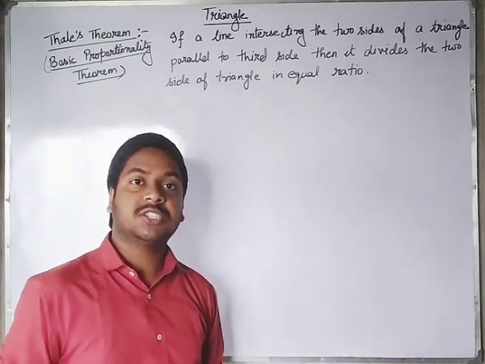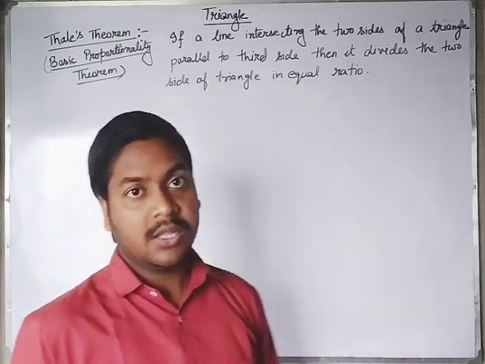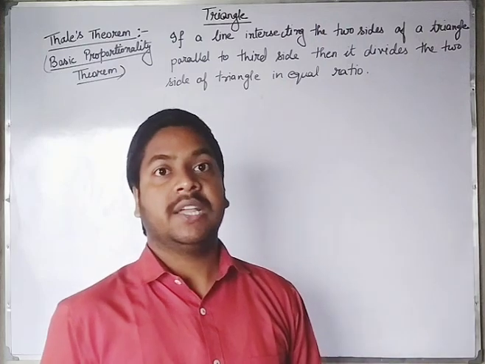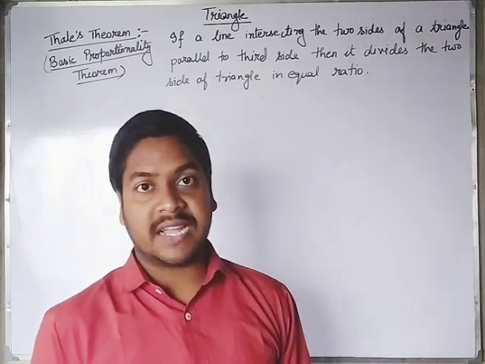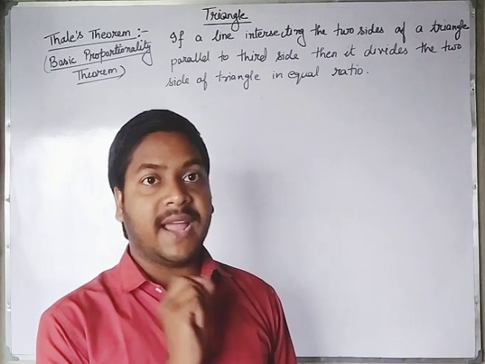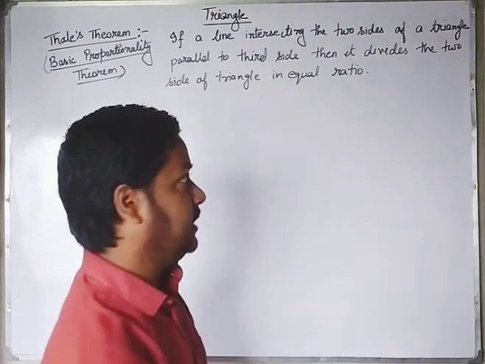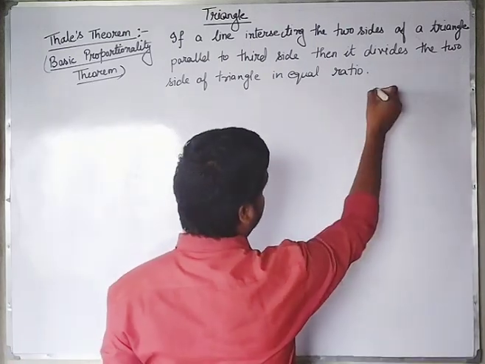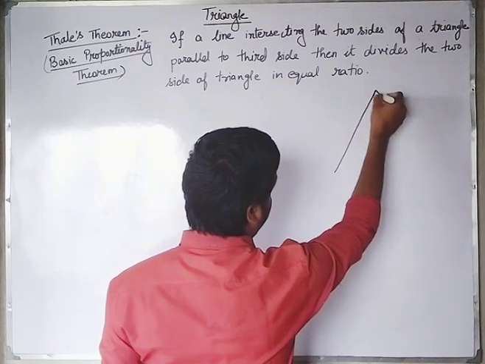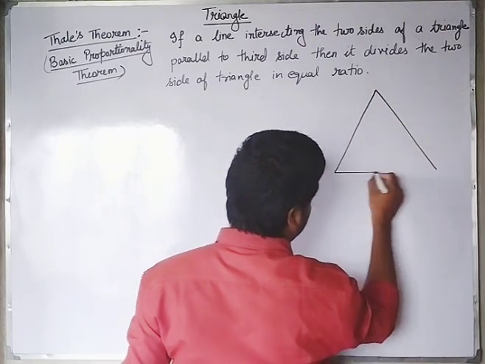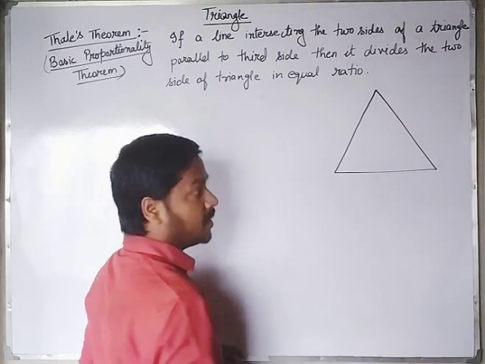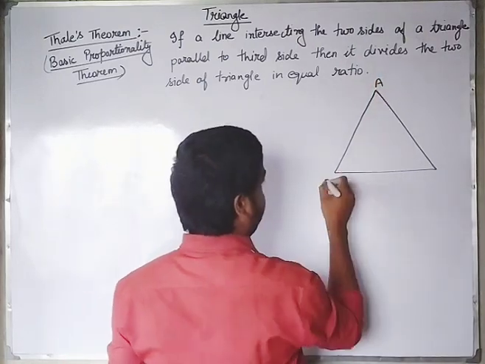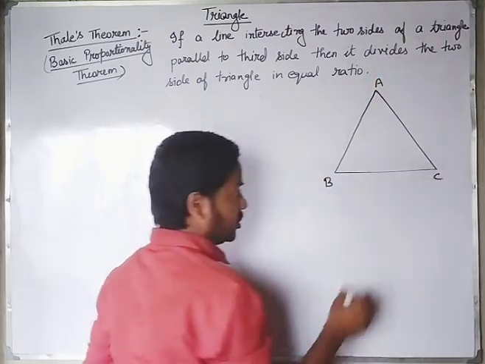This theorem states that if there is one triangle and one line that is intersecting two sides of a triangle such that that line is parallel to the third side. Suppose I am drawing here one figure. This is A, B, C, a triangle.